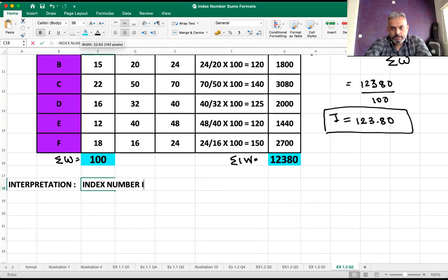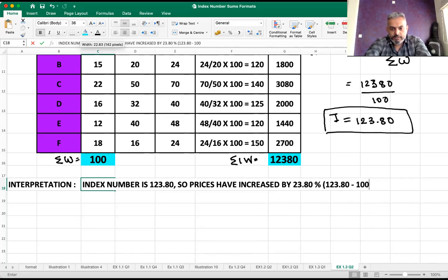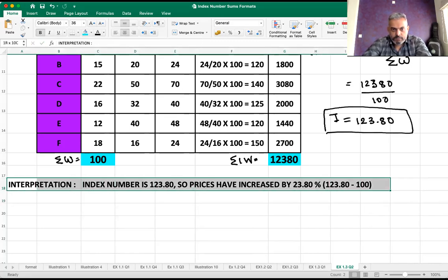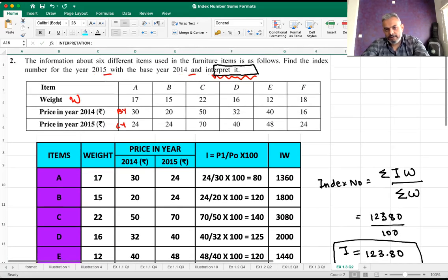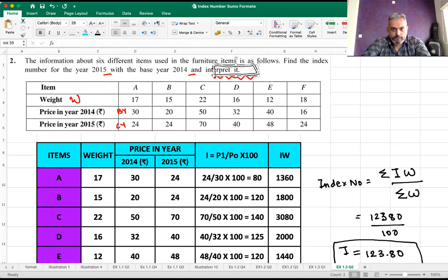Index number is 123.80. So prices have increased by 23.80 percentage. How did we get it? 123.80 minus 100. So interpretation is required. It's really important.